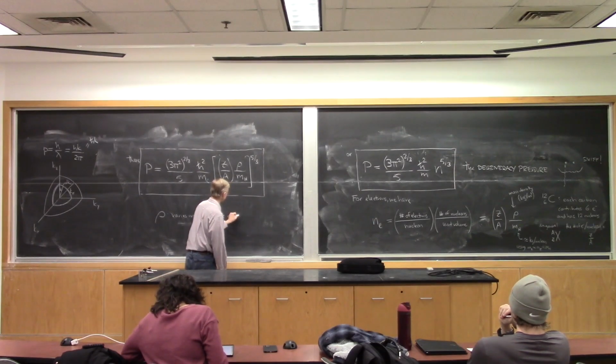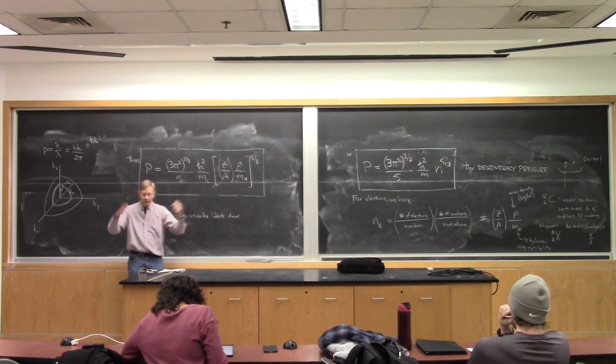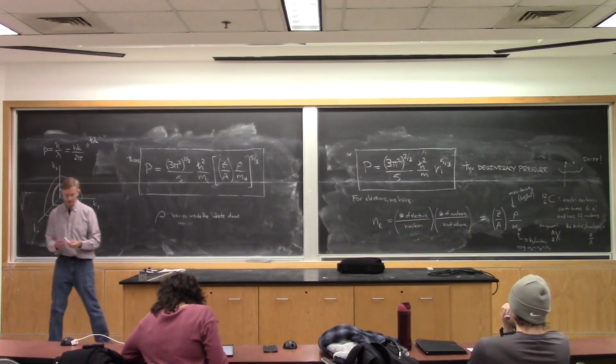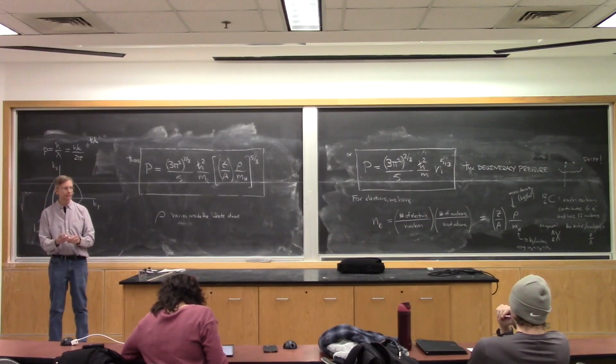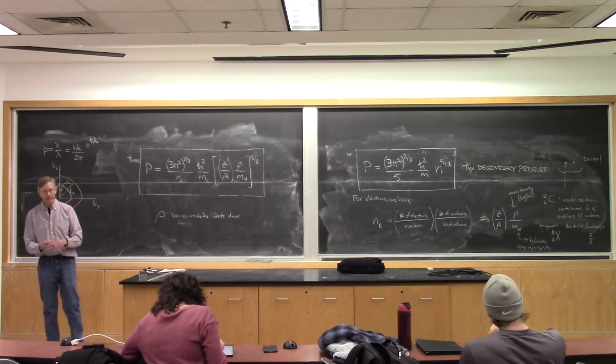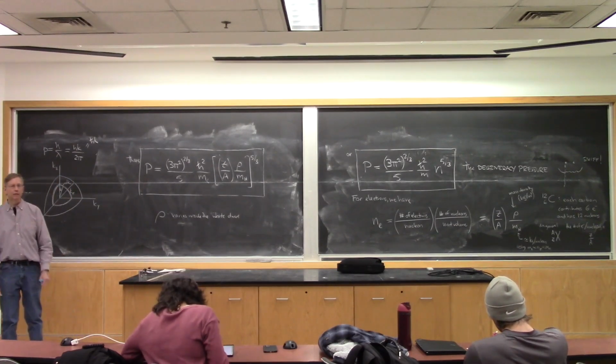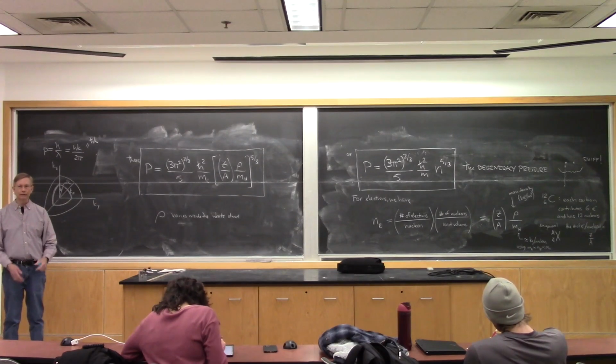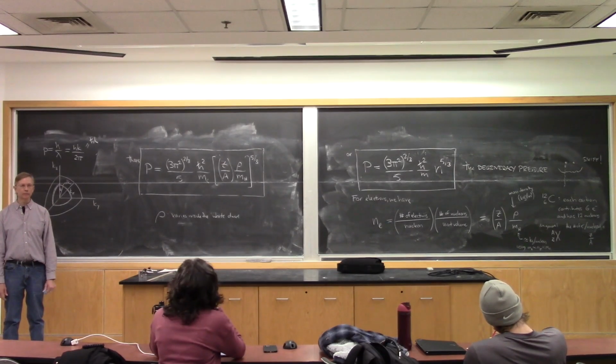So the degeneracy pressure varies with radius. It needs to, because just like anything else, if the white dwarf's in equilibrium, then in every layer there's a balance between the inward pull of gravity and the outward push of pressure.